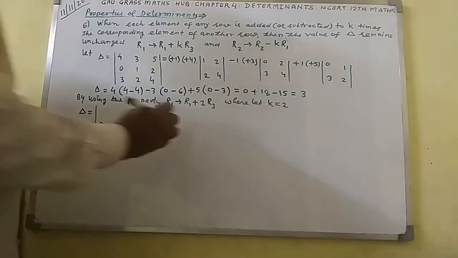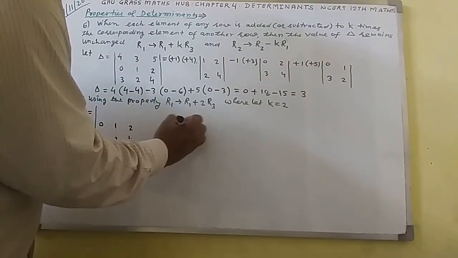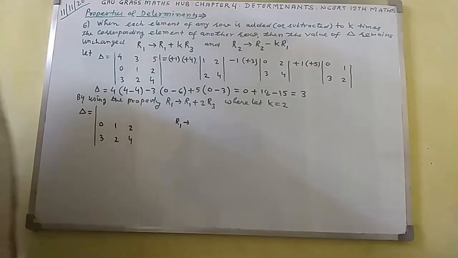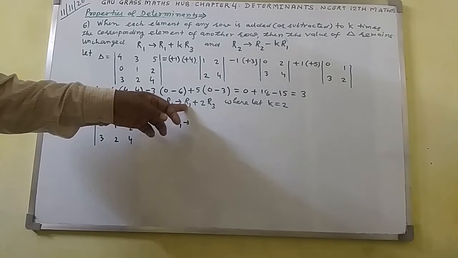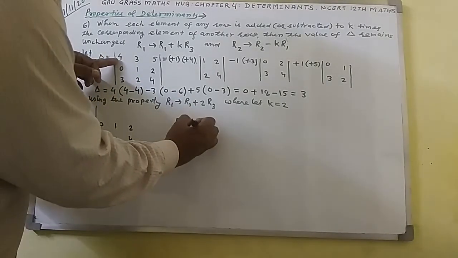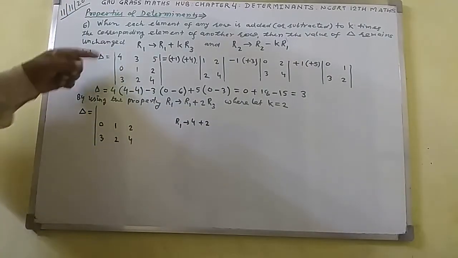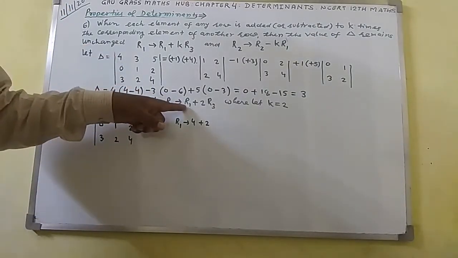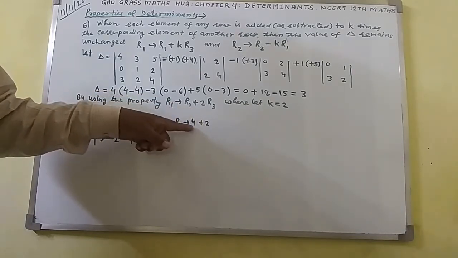So here I shall write R1. Changing R1 goes to R1. You can see R1. The value of R1 will be, here I take 4. The 4 you take here, 4 plus 2. The respective element here, the element of R1 I have taken here is 4.